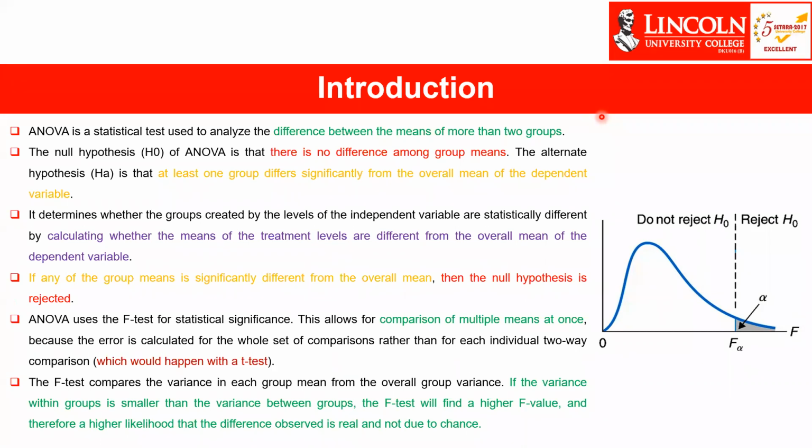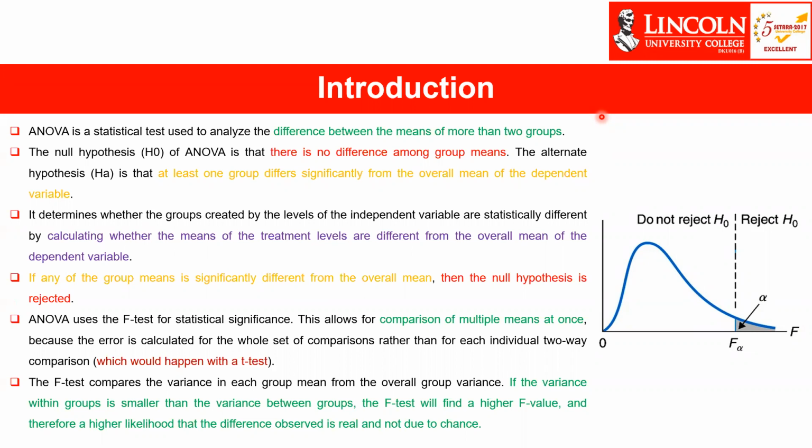Anova determines whether the groups created by the levels of the independent variable are statistically different by calculating whether the means of the treatment levels are different from the overall mean of the dependent variable. If any of the group means is significantly different from the overall mean, then the null hypothesis is rejected.